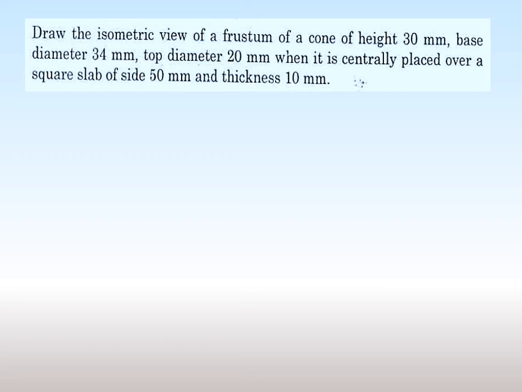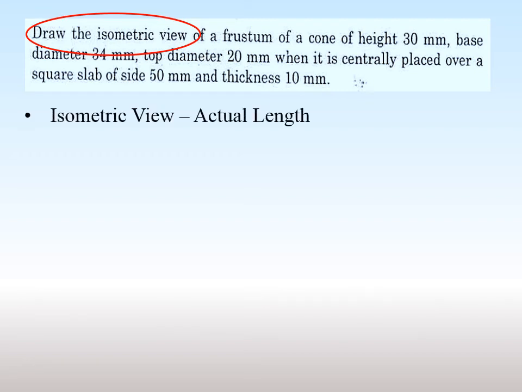Here you can see, draw the isometric view. This word is very important. If the problem contains the words isometric view, we have to go with the actual lengths, that is 30 mm, 34 mm, 20 mm, 50 mm and 10 mm. We can solve the problem by using the given dimensions, that is the actual length.